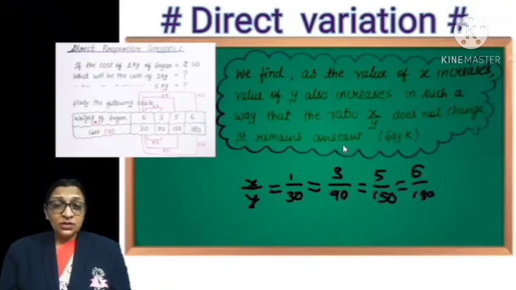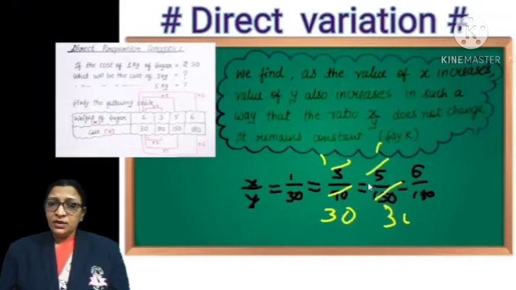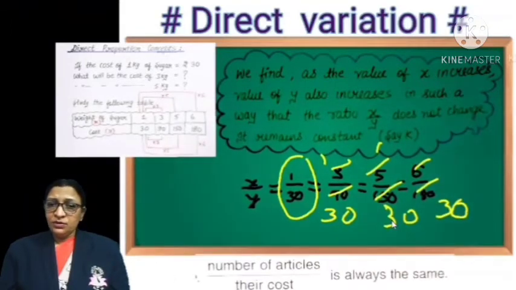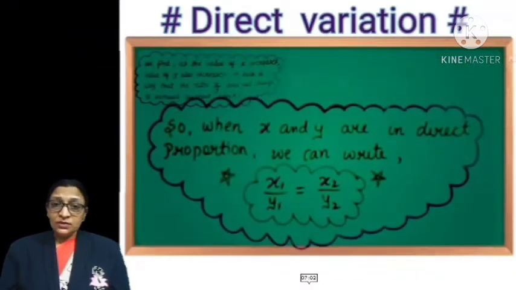It remains constant. Here X upon Y is 1 upon 30 in each case. 3 by 90 is nothing but 1 upon 30. 5 by 150 is nothing but 1 upon 30. 6 by 180 is also 1 upon 30. So here the number of articles upon their cost is always constant.